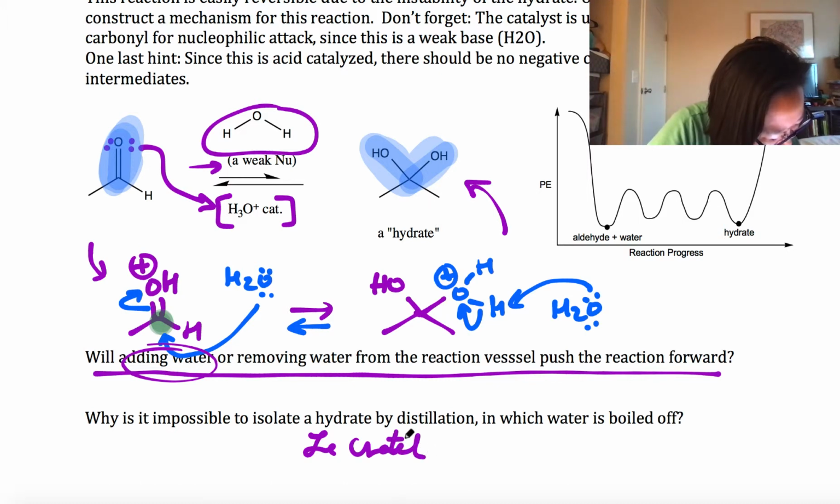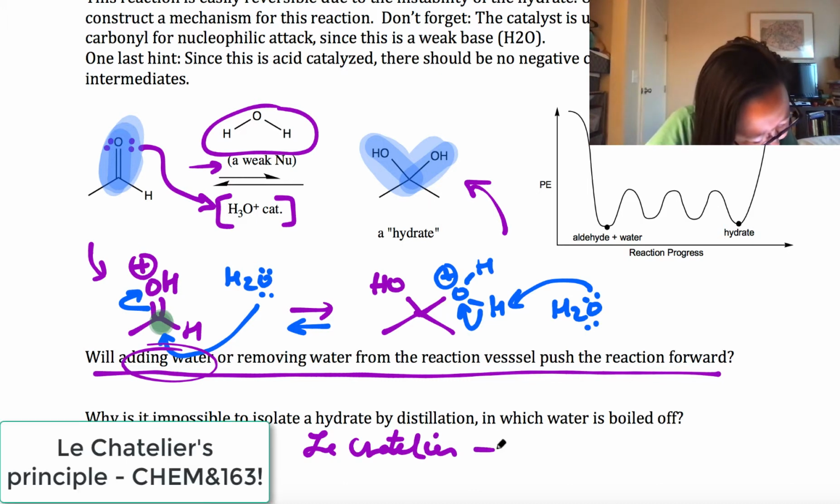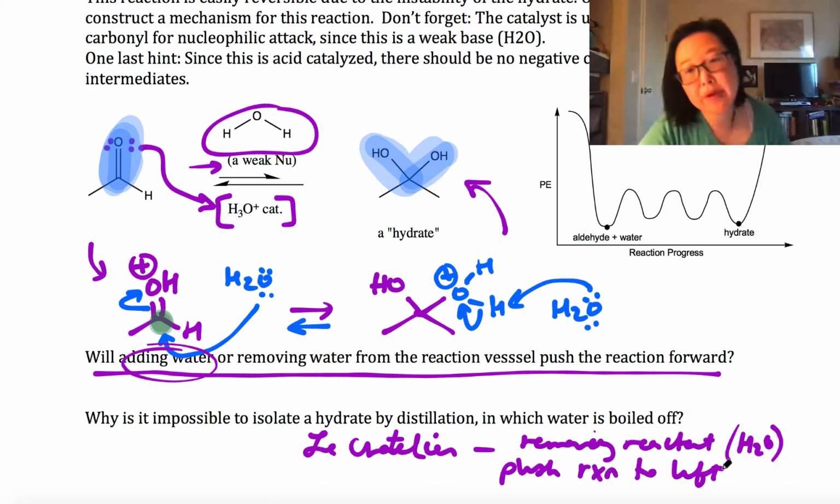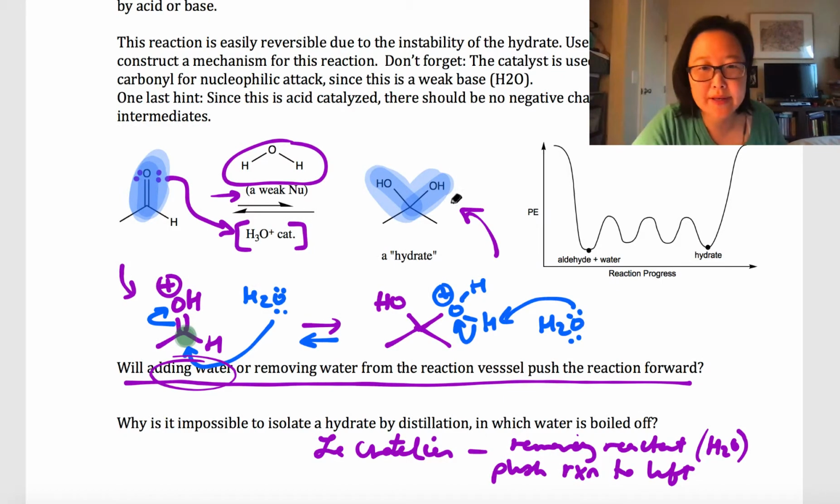I need to review my French. Le Chatelier distillation: removing reactant, which is water in this case, will push the reaction to the left. And so that's why we can't isolate a hydrate then. If we need to push the reaction that way, it's not going to work.